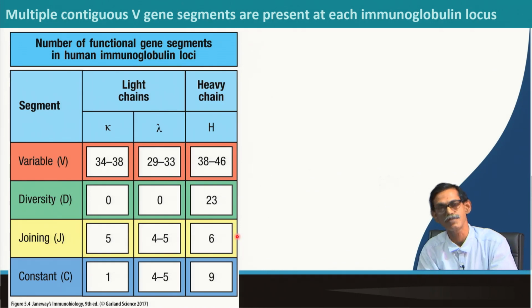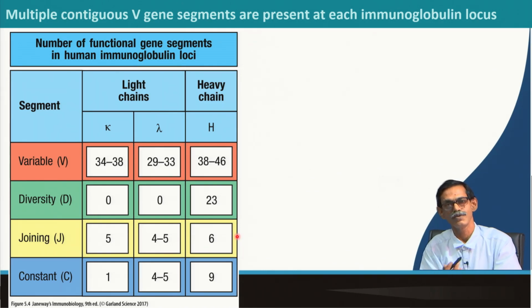So, what was discovered initially, when this diversity was discovered at the genetic or molecular level, was that in any individual we have variable regions for the light chain, for example, for the kappa light chain, we have 34 to 38 V regions. For the kappa chain joining region we have 5.